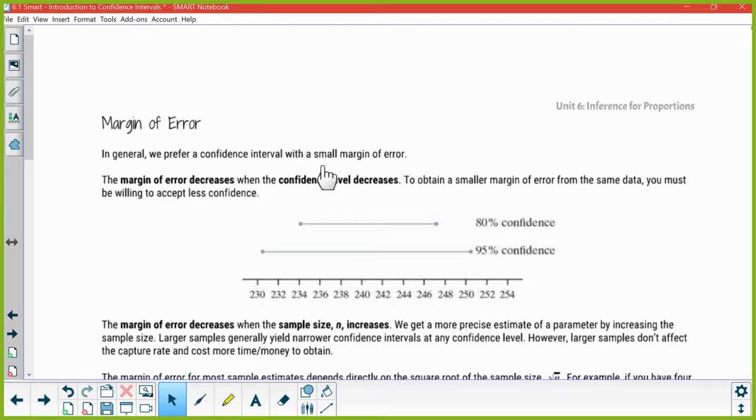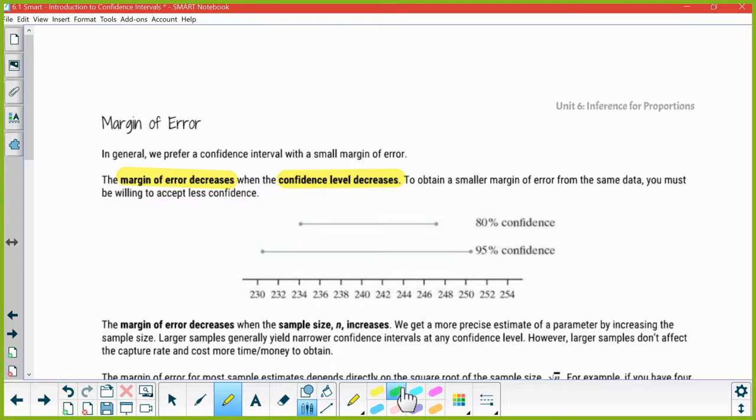Typically we prefer a small margin of error, because you're getting closer to the true proportion if you have a smaller width of your interval. And the margin of error is going to decrease when the confidence level decreases. So to obtain a smaller margin of error, you must be willing to accept less confidence.